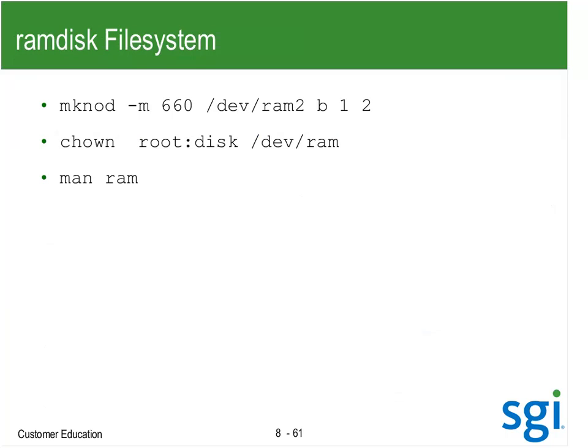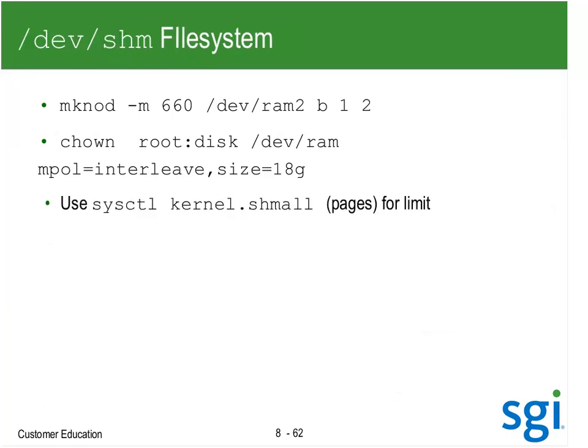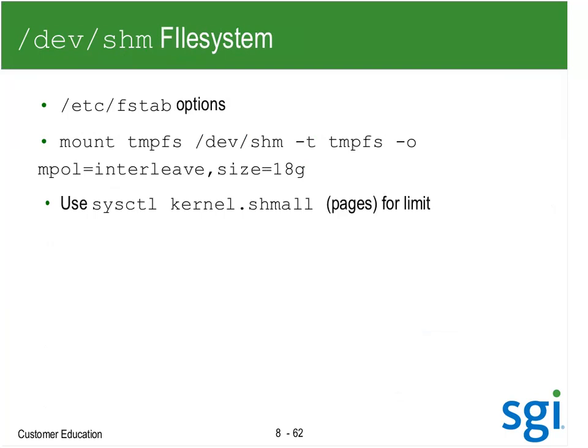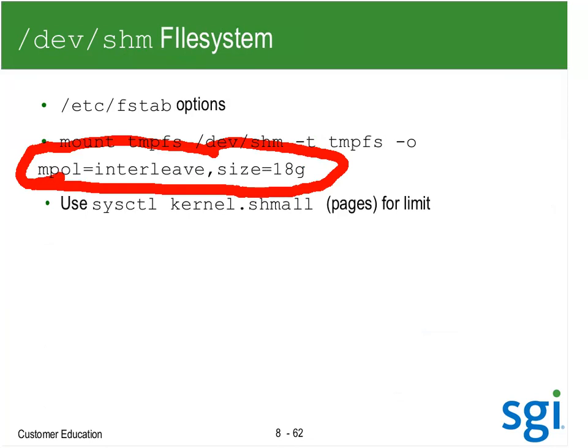A little bit about creating a RAM disk and creating a shmem. Now, I need to warn you, tmpfs has the ability to do a memory policy, but this may not be desirable. You need to look at your application. Again, if my asset fits on node, on socket, why would I want to interleave it across other sockets, particularly across the entire system?